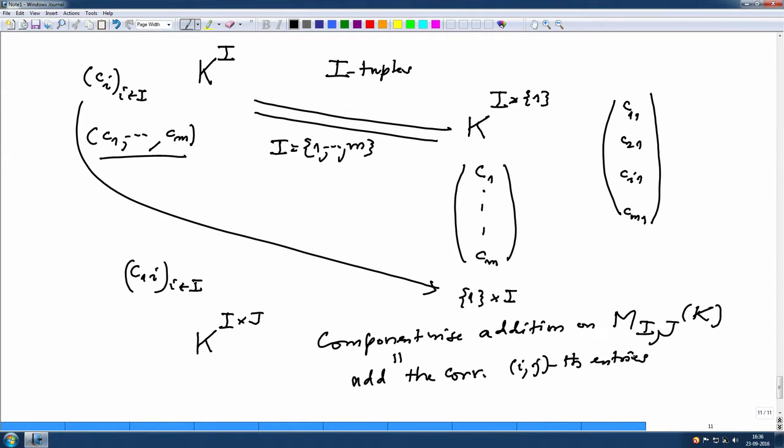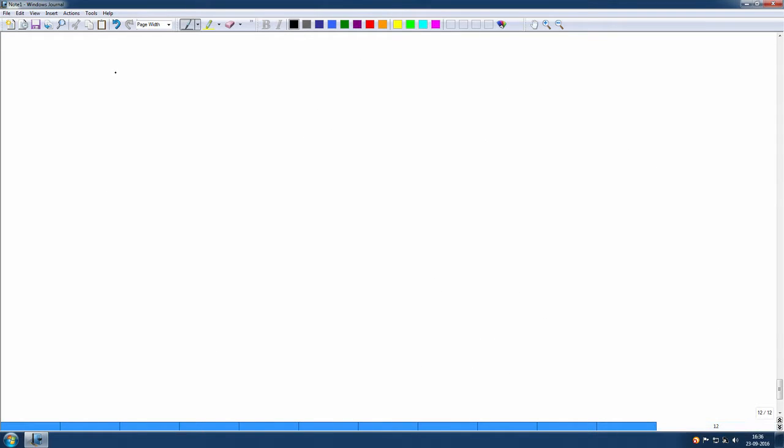And it is clearly an abelian group. We have seen that this is actually a vector space, so you only have to see it in a new notation, nothing else. Scalar multiplication is also component wise. So, M_{I×J}(k) is a k vector space. Soon we will check when it is a k-algebra, and that will be called a matrix algebra.